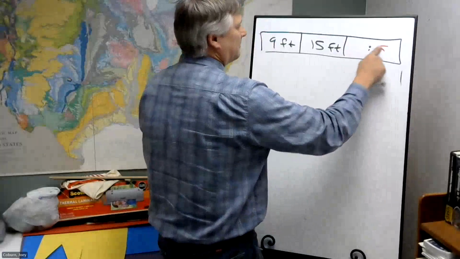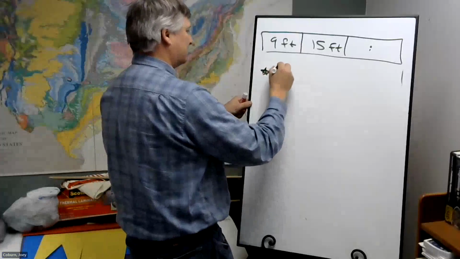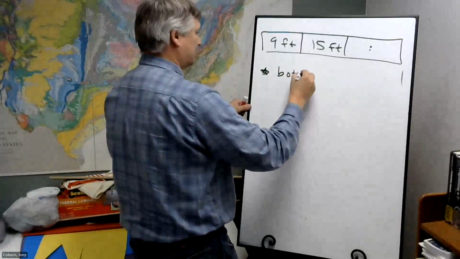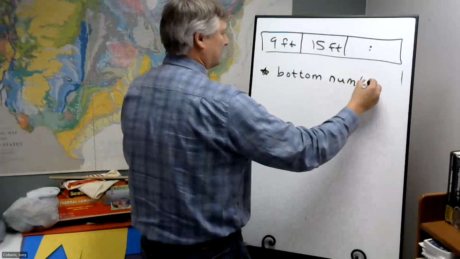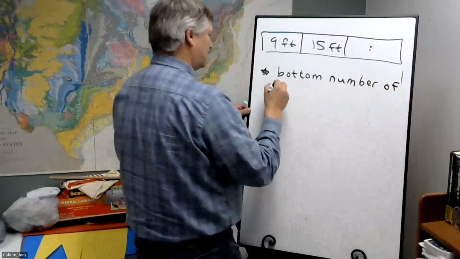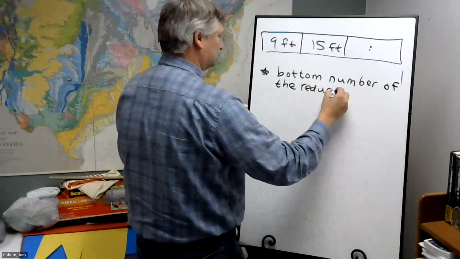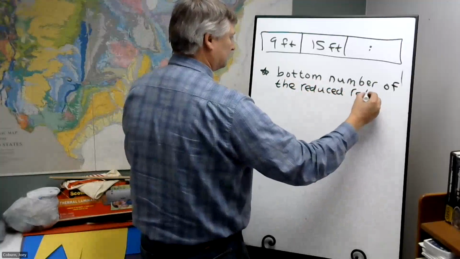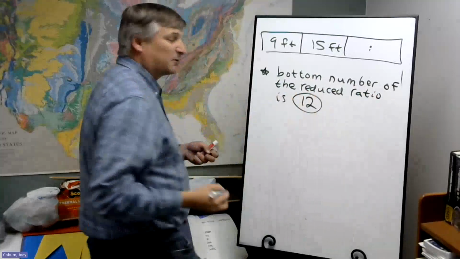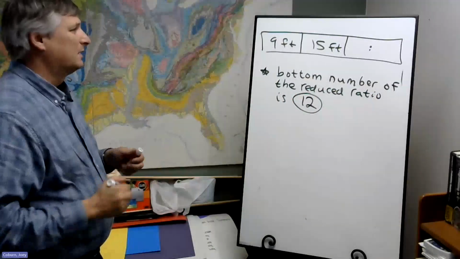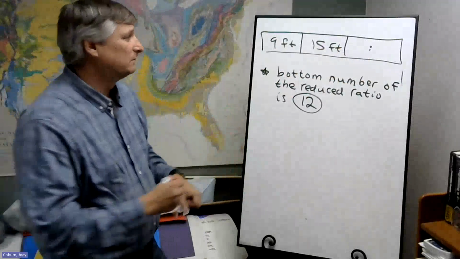Suppose there's an insistence that the bottom number, say for some reason, there's an insistence that the bottom number needs to be 12.